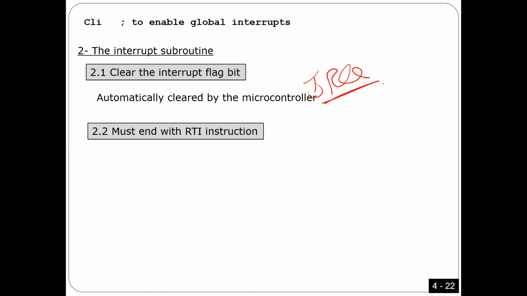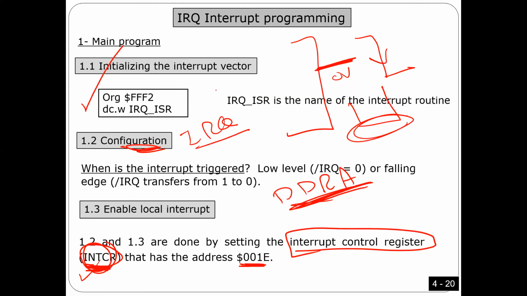This is the only case. Is that clear, guys? So you don't need to write this instruction in IRQ, but again, this is just an exception. For all the other interrupt sources, you have to write a command to clear the interrupt flag bit. In IRQ, you don't need it. It is done automatically. Any question before I give you an example?